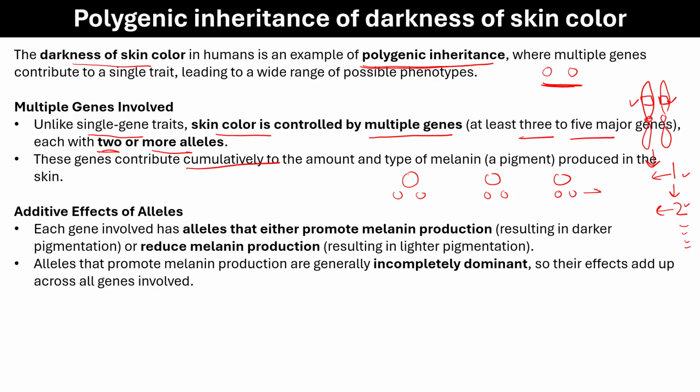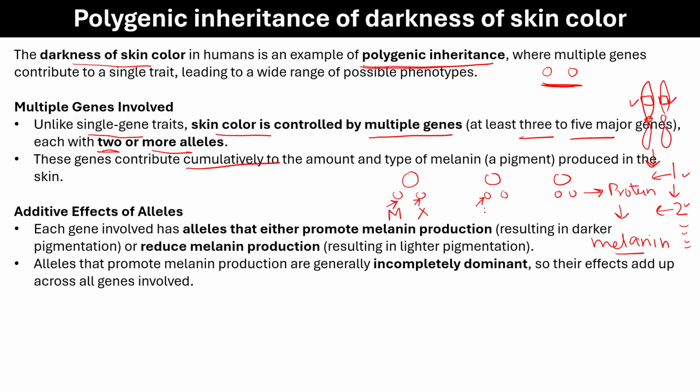Now, an allele is just a DNA fragment, and DNA produces protein, right? And here the protein produced is melanin. So melanin gives you skin color. More melanin, more is the darkness of the skin. Now let's say this allele is dominant. That means it produces melanin. And this is recessive. It does not produce melanin.